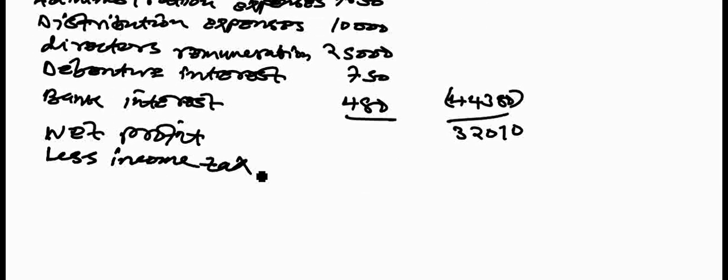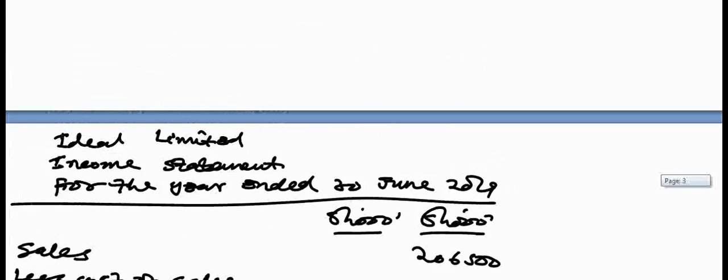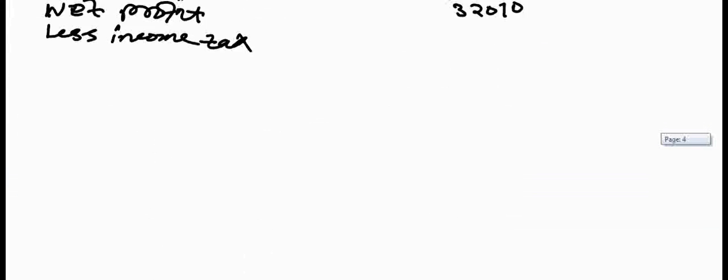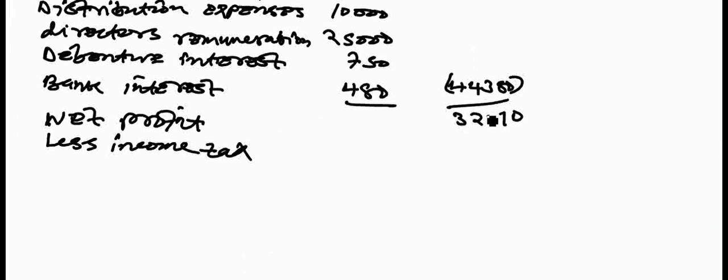Wakati hujapewa tax ni ngapi, wanaweza kupea the percentage ya tax which is often 30%. But hapo wametupea the absolute value. Wametuambia the tax ni 12,700. So tutatoa tax ya 12,700. Toa hiyo tuone itabaki ngapi.